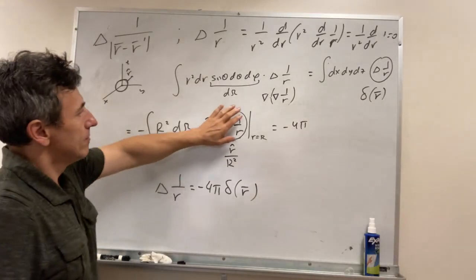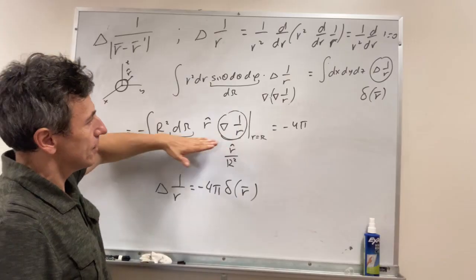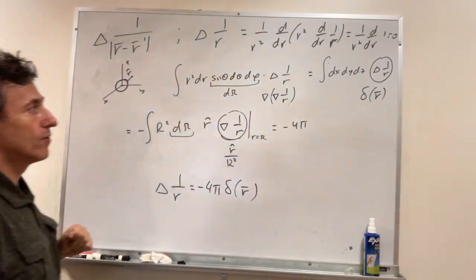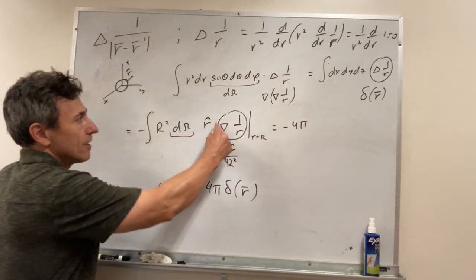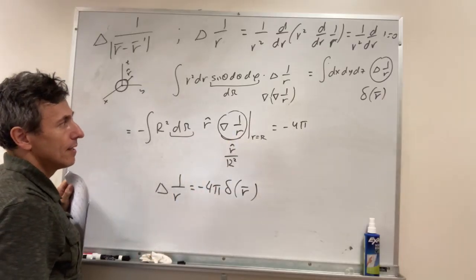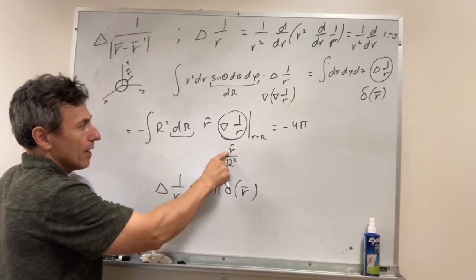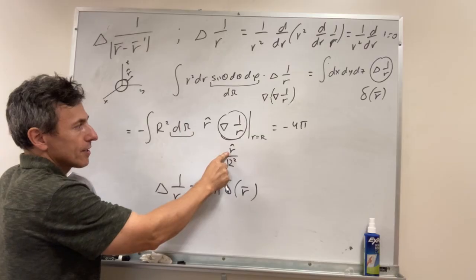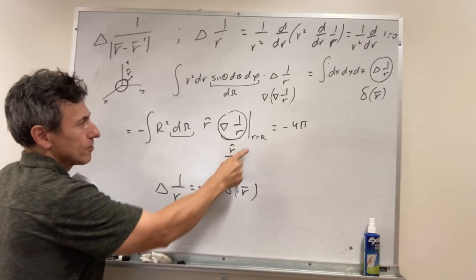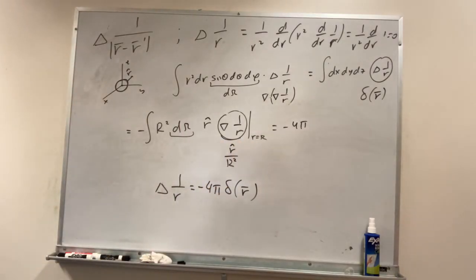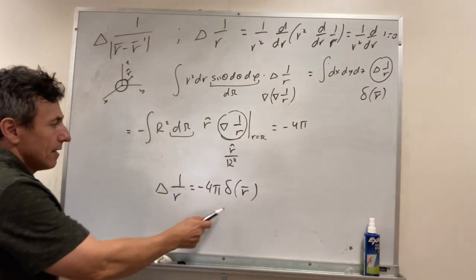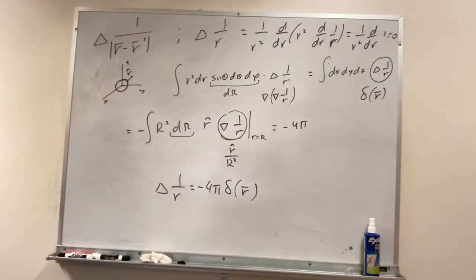So finally, in this case, we can easily calculate that this integral will be non-zero, it will be negative 4 pi, because the gradient of 1 over r will be negative unit vector r divided by r squared. So we need to substitute r equals R. Then finally, we derive the following expression for the Laplacian.